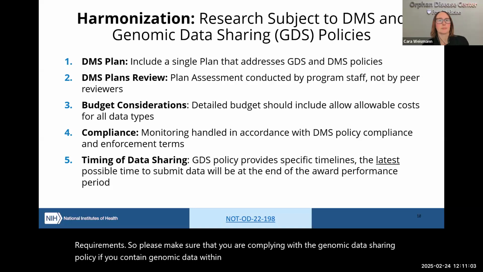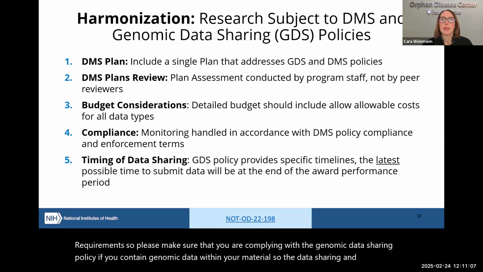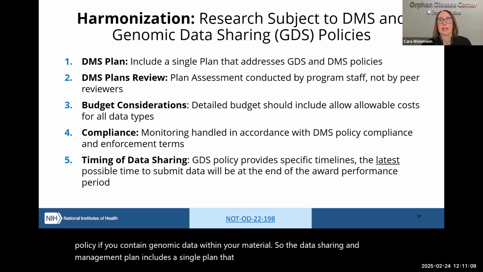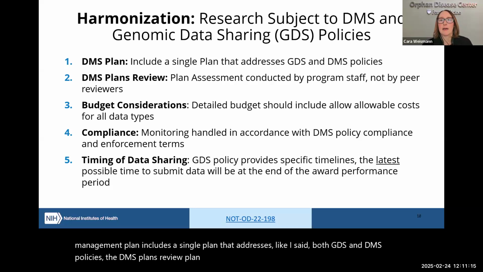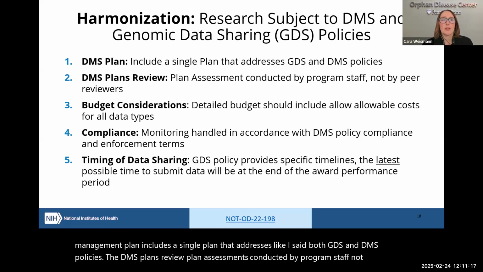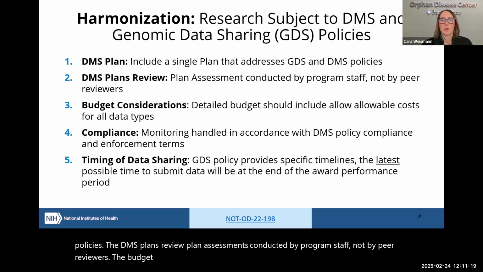The data sharing and management plan includes a single plan that addresses, like I said, both GDS and DMS policies. The DMS plan review assessments are conducted by program staff, not by peer reviewers. On budget considerations, similar to before, a detailed budget should include all allowable costs for all types.